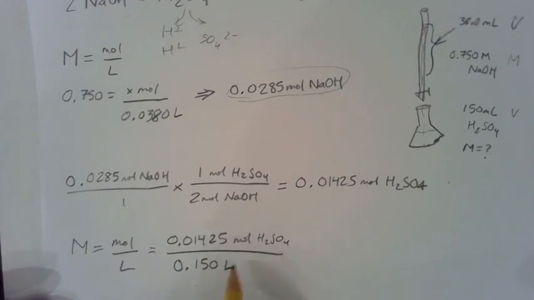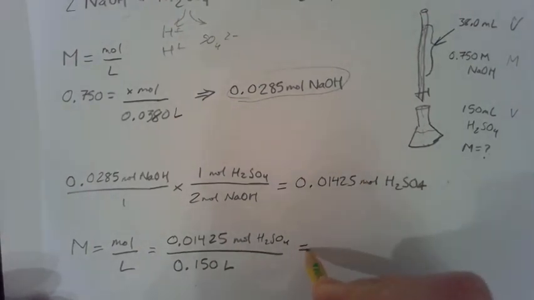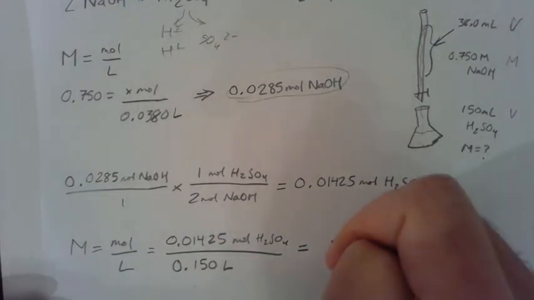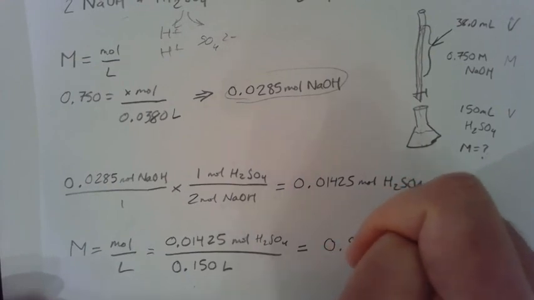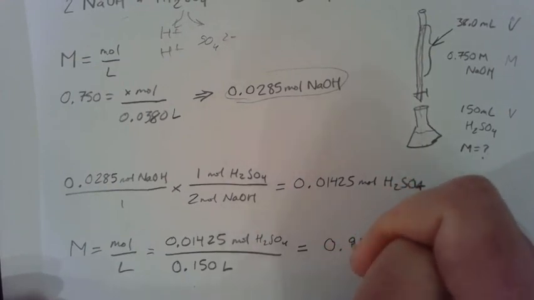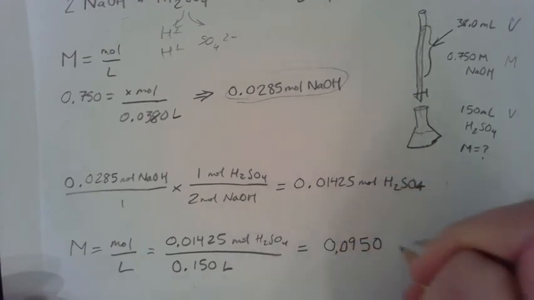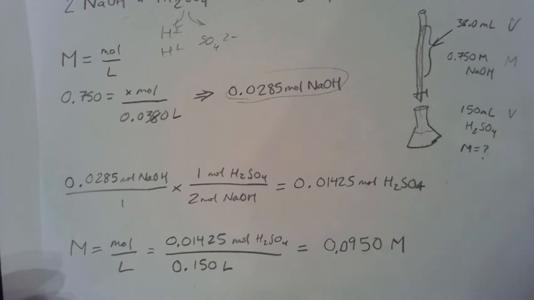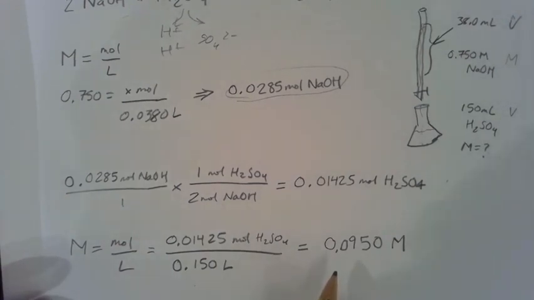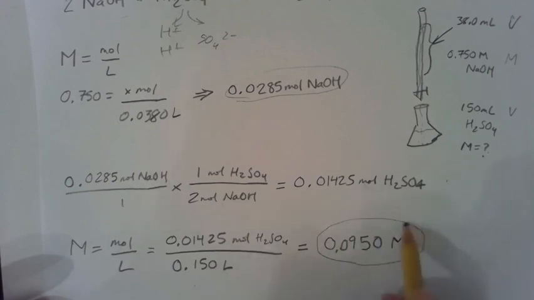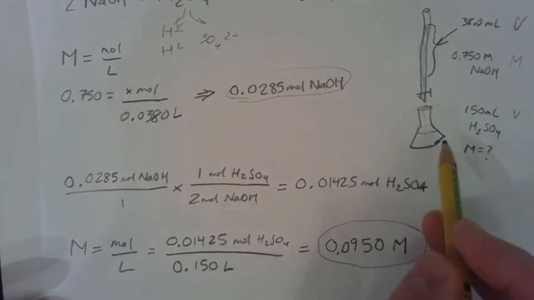So again, we're doing moles over liters to give us the concentration, and that comes out to 0.050 moles per liter, or big M. So not quite 0.1 molar, and that is your answer for the concentration of the acid.